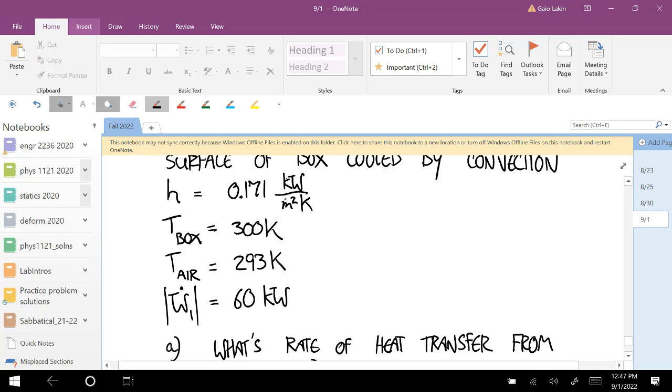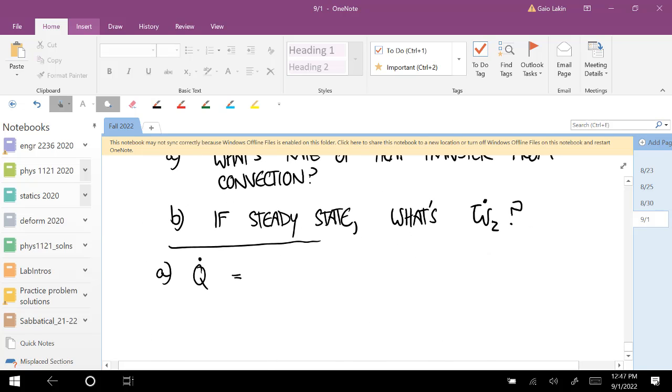So this H is in kilowatts per meter squared Kelvin, so I'm going to treat this as 0.171 times 10 to the third watts per meter squared Kelvin, times the cross-sectional area that's exposed to the air, that's just 1 meter squared, times the difference in temperature.